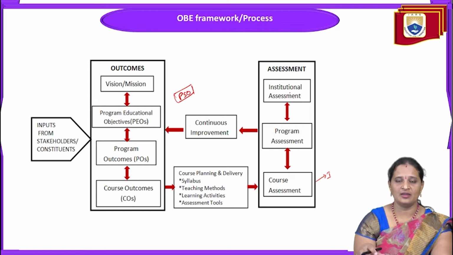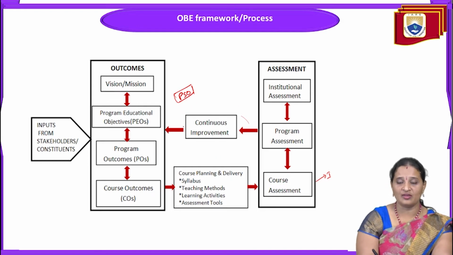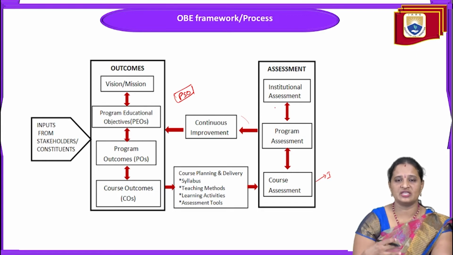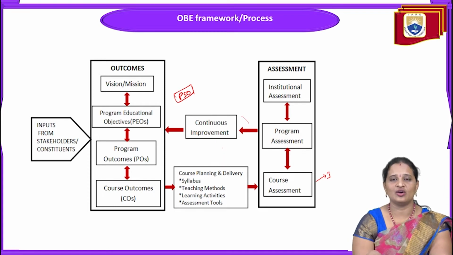If any improvements ought to be done, we will be continuously making improvements. We will be continuously taking the feedback, and based on that, continuous improvement is done, based on which the program educational objectives, program outcomes, and course outcomes are refined, such that a quality outcome based education is obtained.